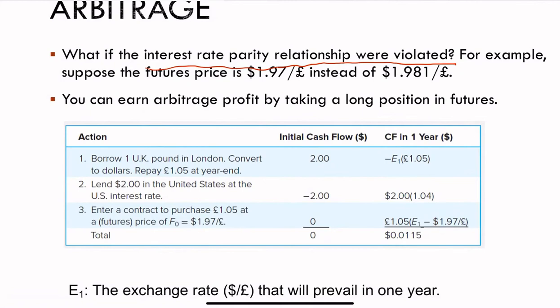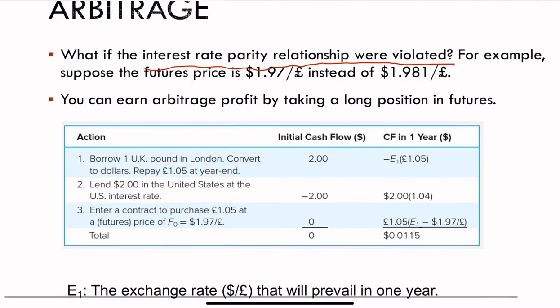So let's see, if you do this, what is your profit? So as I said, you will borrow from the UK. So let's assume you will borrow 1 UK pound. I mean, this number 1 is not important. You could use any number. So let's say you would borrow 1 UK pound, right? And you will convert this UK pound into $2.